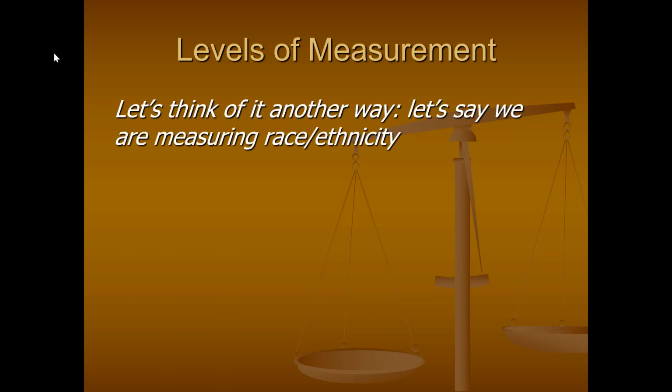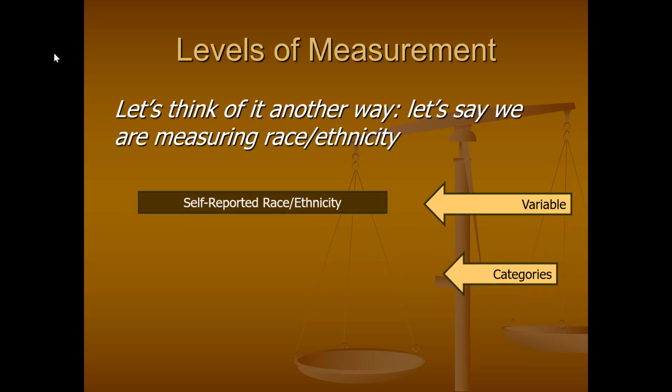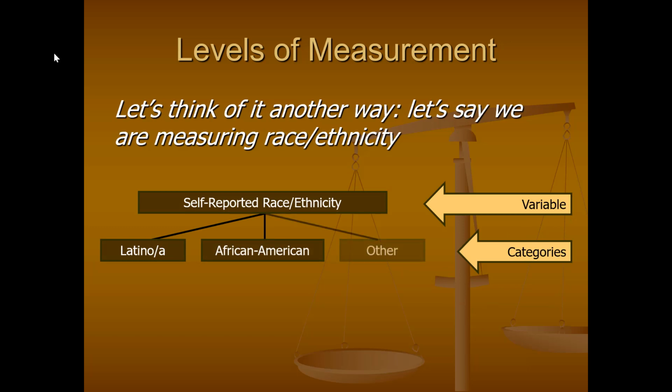Here's another example. Let's think of it in terms of something a little bit more categorical, like race or ethnicity. If self-reported race ethnicity is my variable, and the following are the three categories that I'm going to use to measure it, then what could these values be? What numbers would I assign?